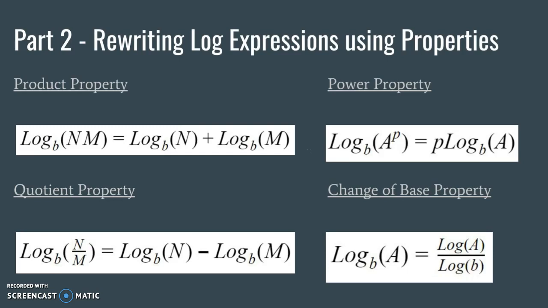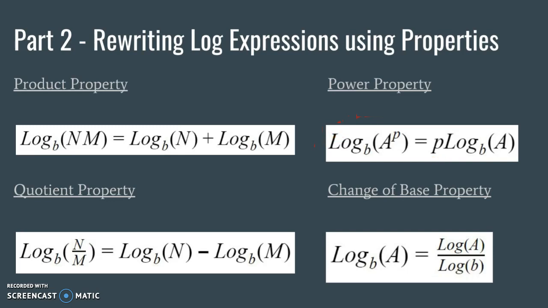But basically, in the product property, you can rewrite multiplication inside a log as 2 separate logs being added together. Division inside of a log is actually subtracting 2 logs. If there is an exponent, a power, on top of a logarithm, that power can be brought to the front of the log and written as a coefficient.